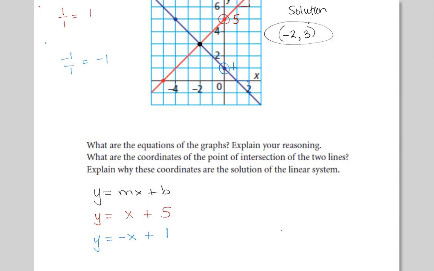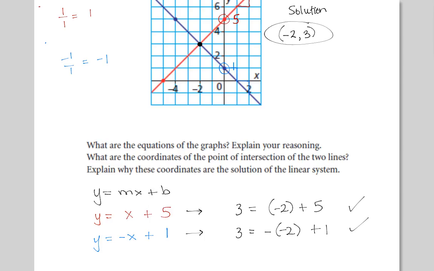So then when you go to check if this is a solution, you have to plug that point into both. So for the red line, the y is 3, the x is negative 2. Is that equality true? Negative 2 plus 5? That's good. And for the blue line, when you plug in a y of 3 and x of negative 2, you get negative negative 2 plus 1, which is 3 as well.